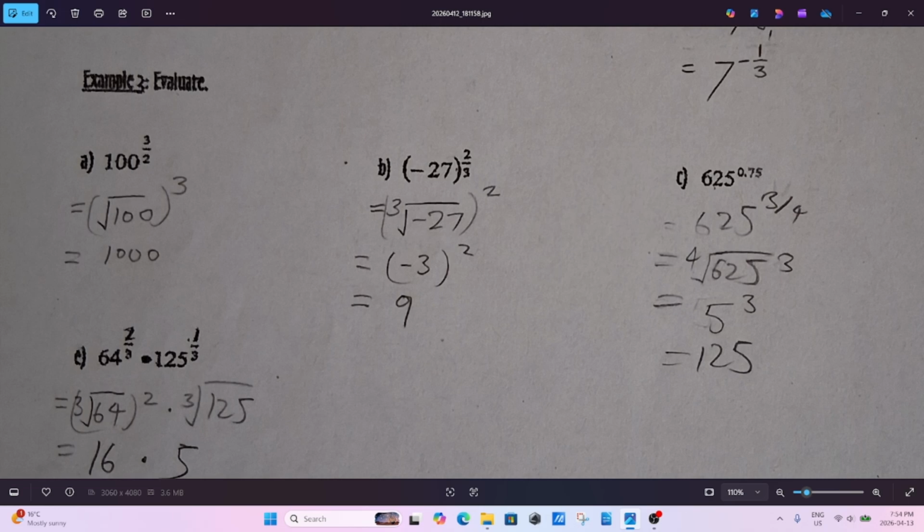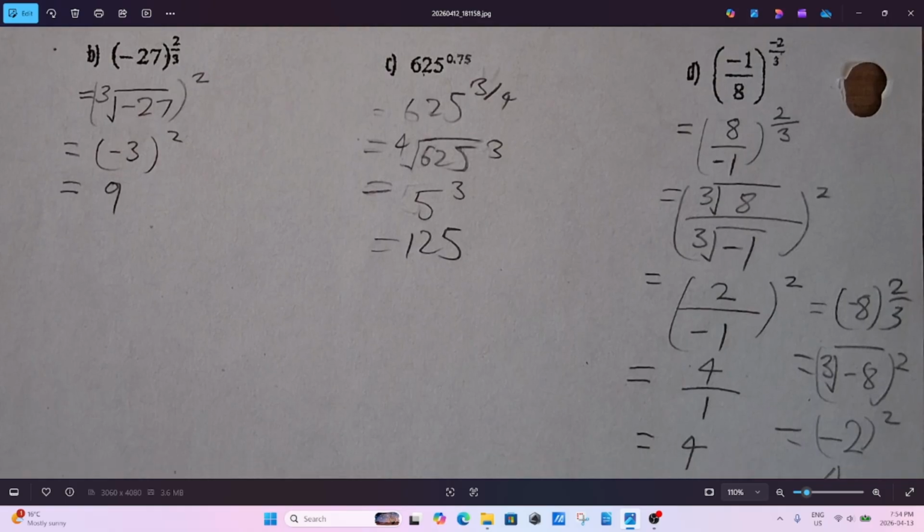And then C, 625 to the exponent 0.75, that's equal to 625 to the exponent 3 over 4, which is equal to fourth root of 625 to the exponent 3, which is equal to 5 to the exponent 3, which is equal to 125.